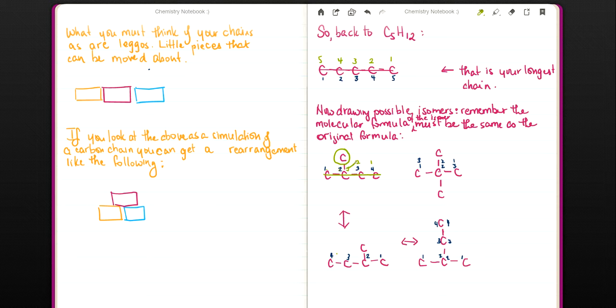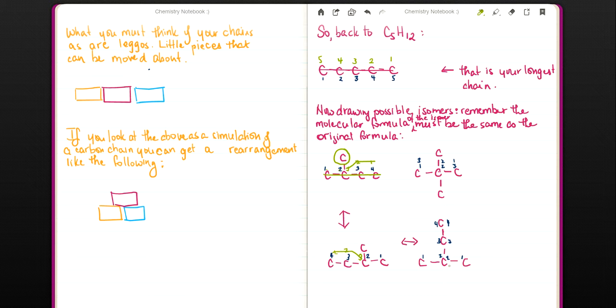So you must always give your group the lowest possible number that you can give it. Drawing it the other way is the same thing because the group is on carbon number 2. You don't start counting from here to give it a 3, because that will be incorrect, as 3 is higher than 2. So drawing it that way is the same thing, and this way is also the same thing.